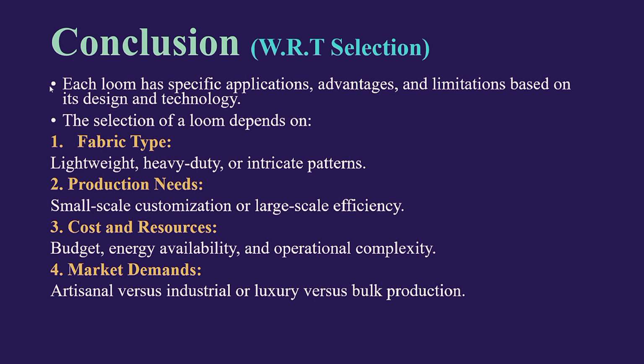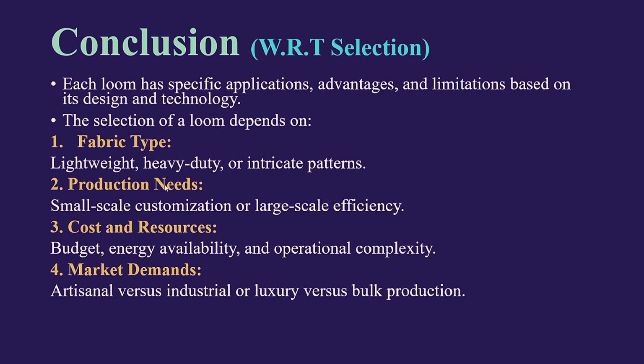Conclusions: as we have discussed in previous lectures, the selection of a loom is done with respect to the following parameters, dependent on variables like fabric type: lightweight, heavyweight, or intricate patterns.